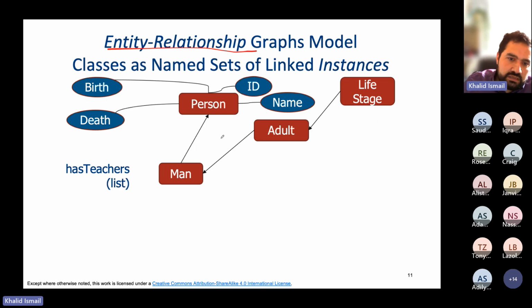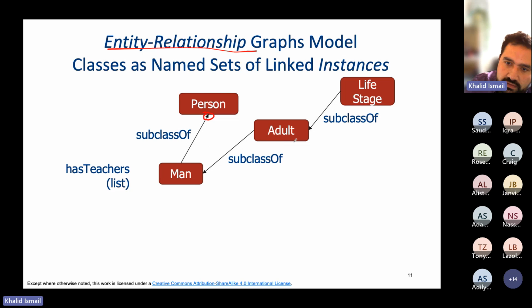So you can think about here that the person, we just mentioned that the head of the arrow here shows the direction of the inheritance or the subclass. So you can think about the man here is a subclass from adult, and the adult subclass from life stage, and a person here is subclass from a man.